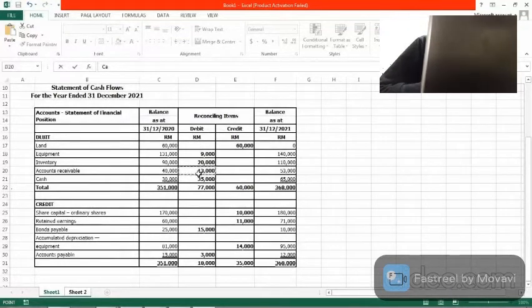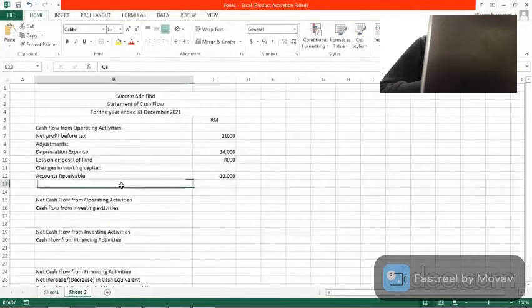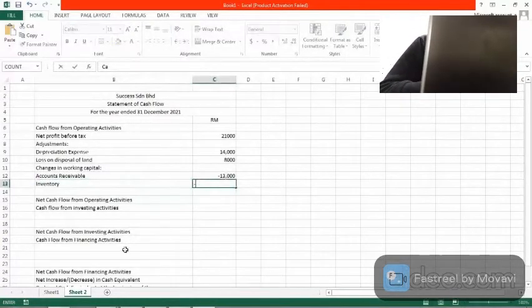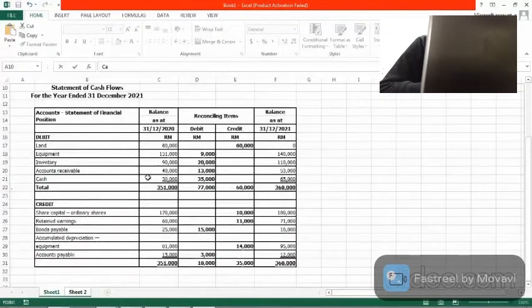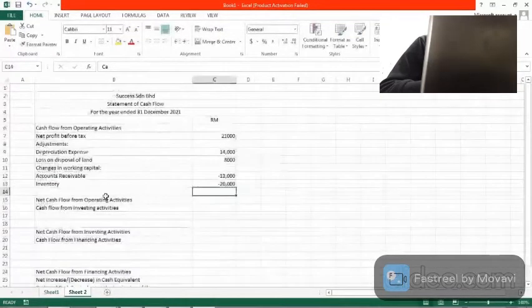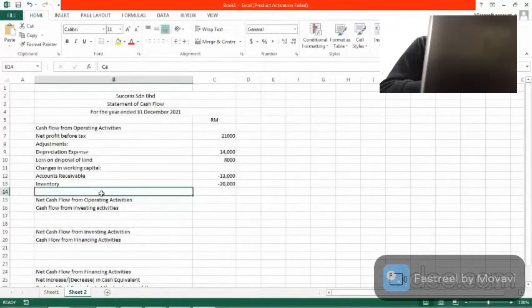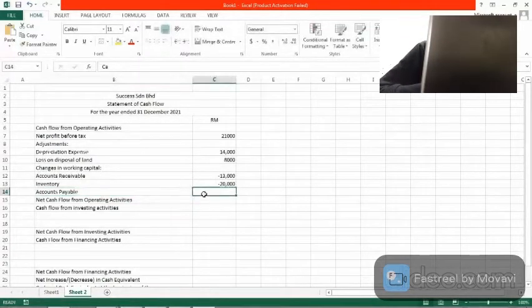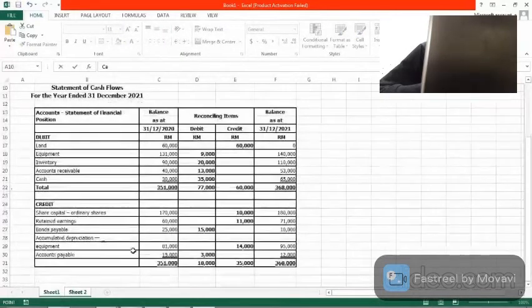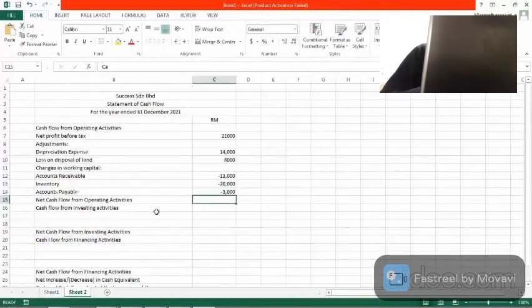For accounts receivable, 30,000, and then an increase in inventory, 20,000, and there's a decrease in accounts payable, which is 3,000.